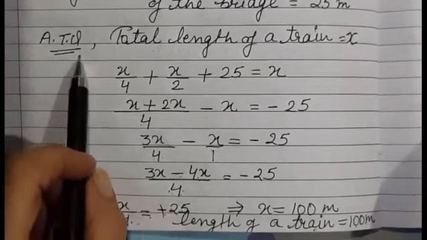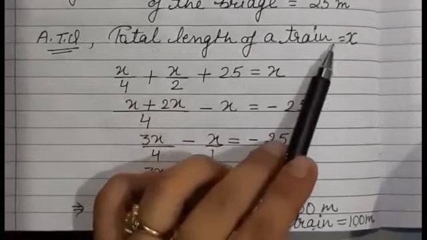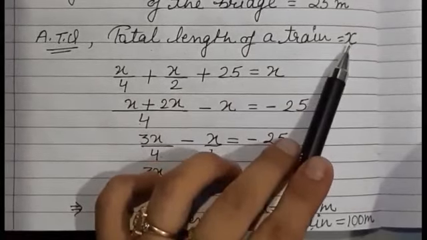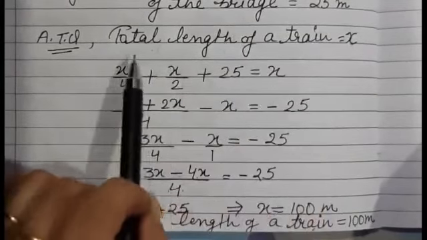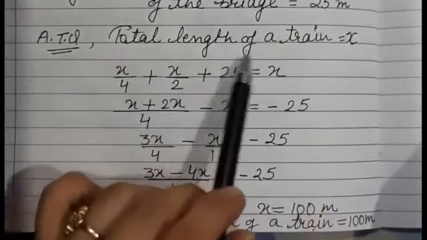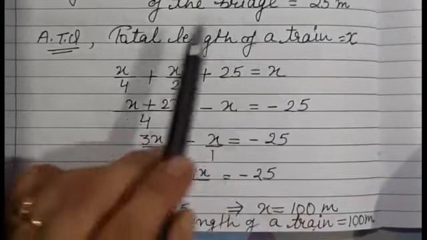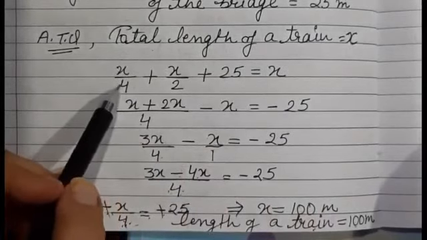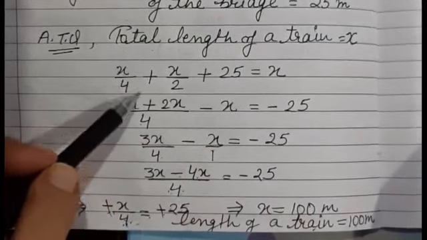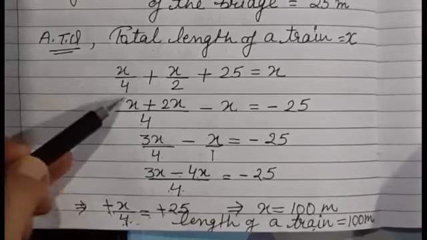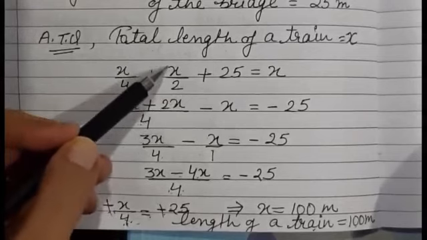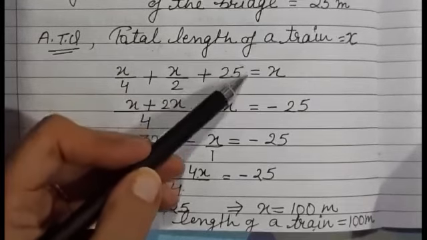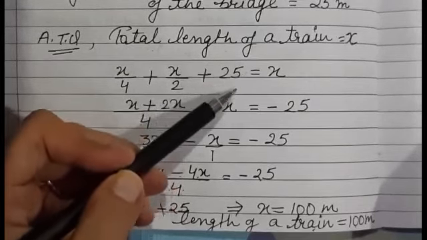Now according to the question, the total length of the train is x, that we have let the length of the train be x, right? Now how can we calculate the total length of the train? By adding the part of the train on one side of the bridge, the part on the bridge, and the part on the other side of the bridge.